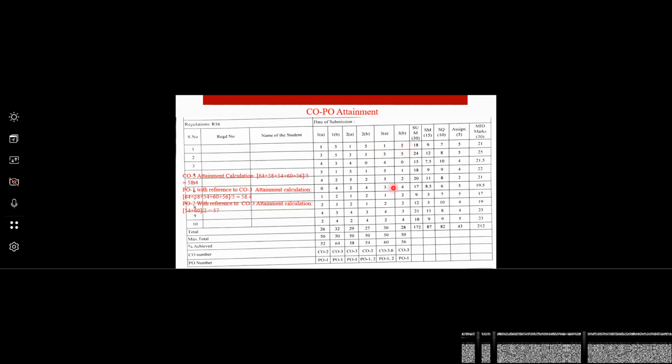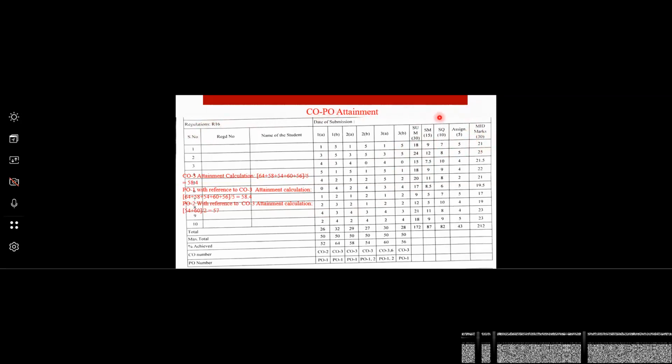The subtotal out of 30 is only 18 marks. So for 15 it is by 2, it is 9, right? Similarly, the quiz marks is 7, assignment marks is 5, and total mid marks out of 30 is 21. This is R16, long back. This was actually done in Vitam College of Engineering.